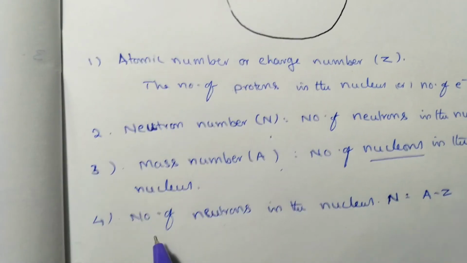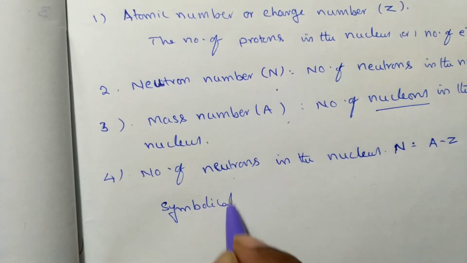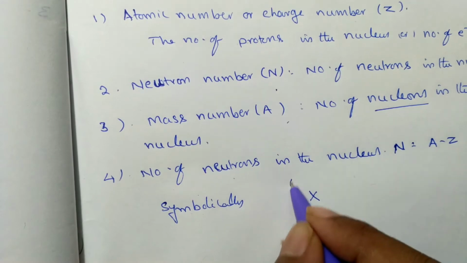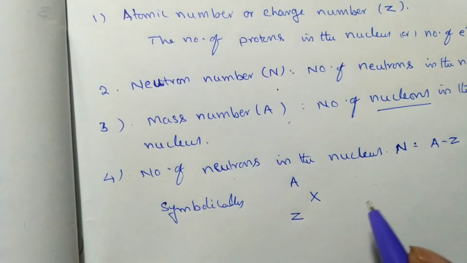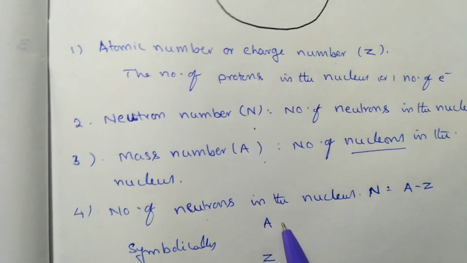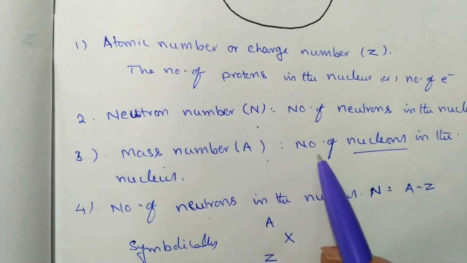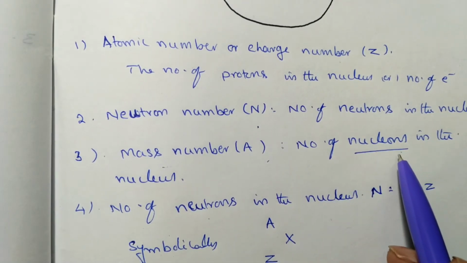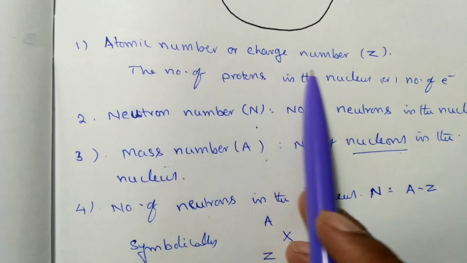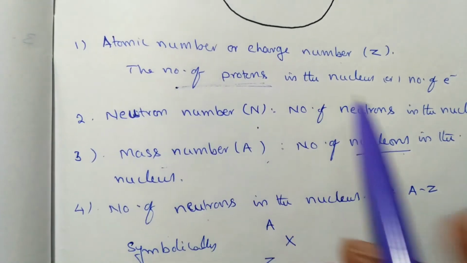Now symbolically, X means some element or substance. This is A, this is Z. We know A means mass number, the number of nucleons. Nucleons means protons and neutrons. Z means atomic number or charge number, the protons count.